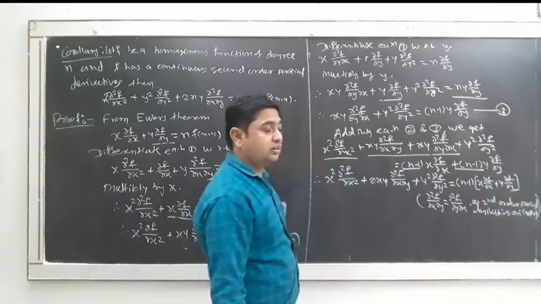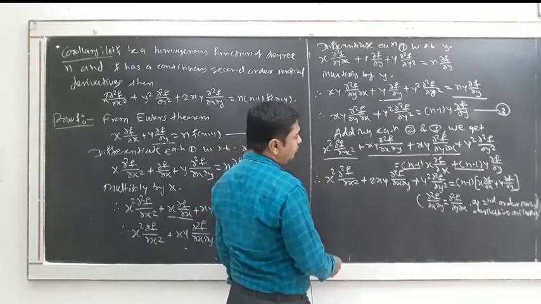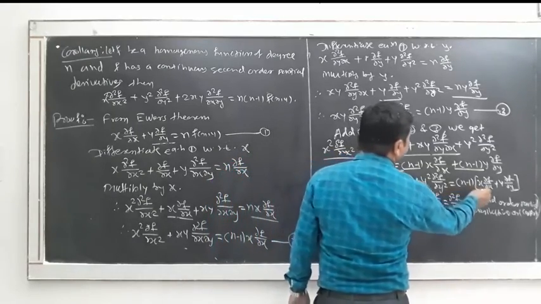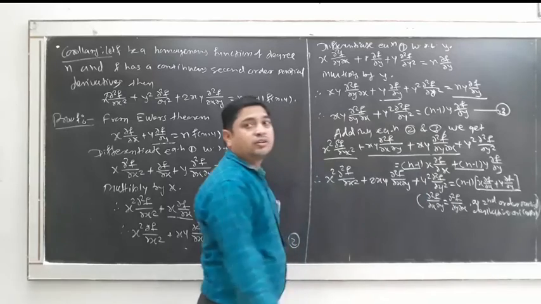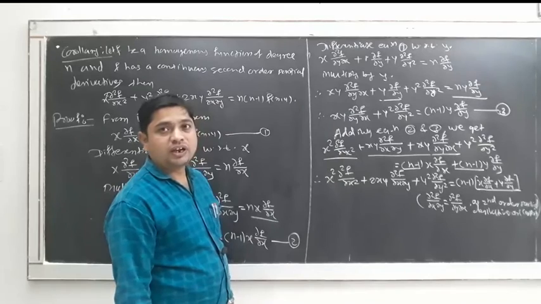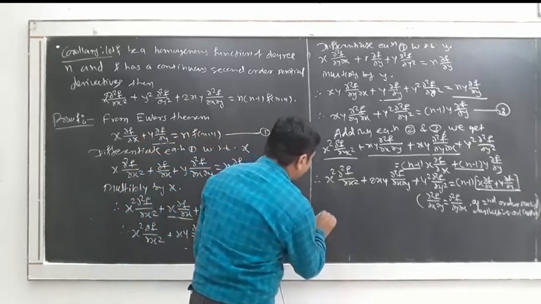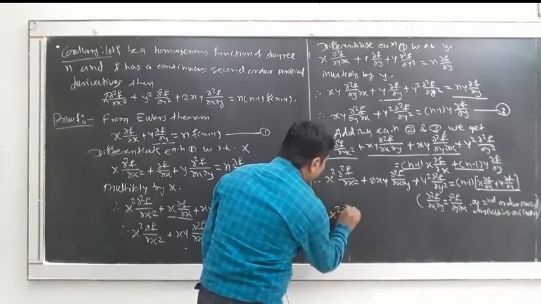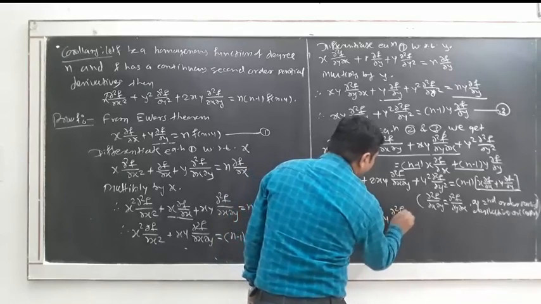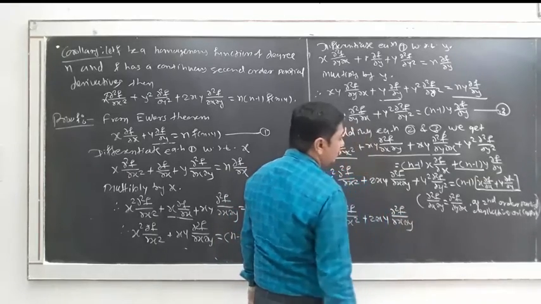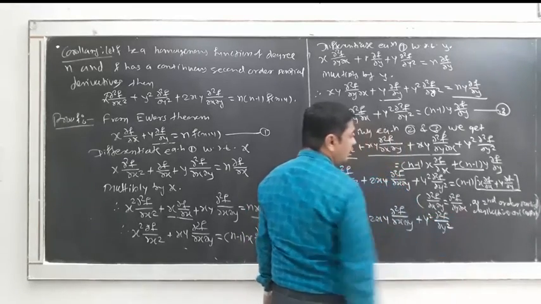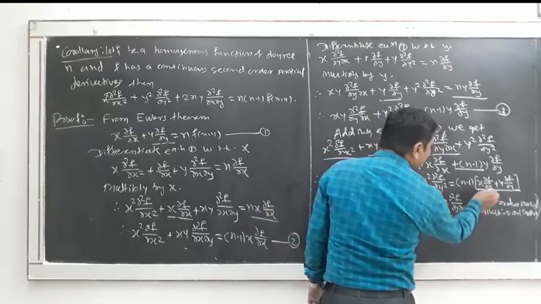Okay, it is continuous, and therefore on the left hand side, but on the right hand side we see that this is nothing but our Euler's theorem statement. So by Euler's theorem, x² ∂²f/∂x² + 2xy ∂²f/∂x∂y + y² ∂²f/∂y² is equal to, what is the value of this?